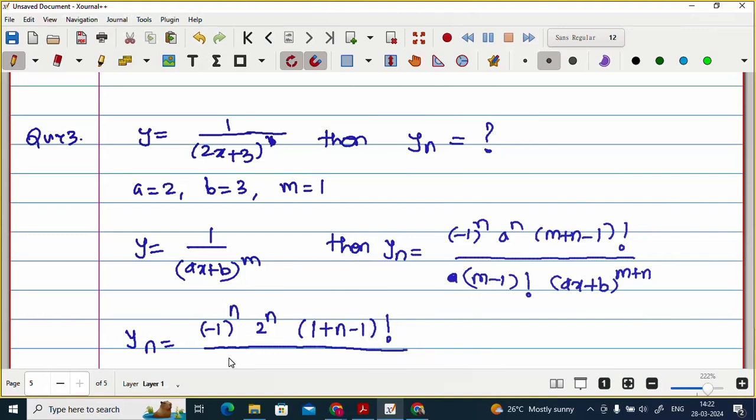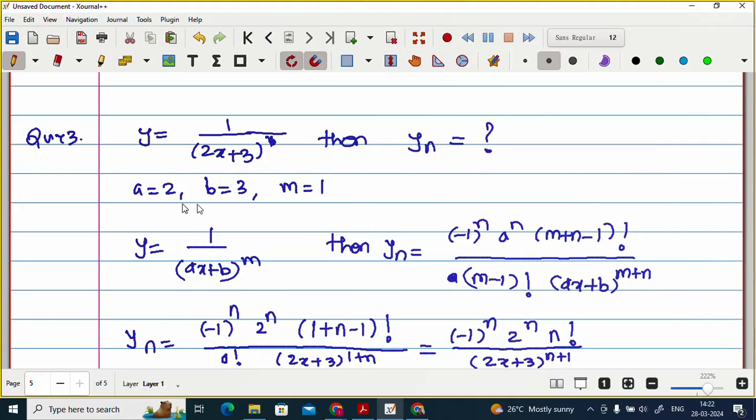Then m minus 1 factorial, that is 1 minus 1, that is 0 factorial. 0 factorial is 1, into 2x plus 3 raised to 1 plus n, or you may say n plus 1, because m is 1. So it is finally minus 1 raised to n, 2 raised to n, 1 plus n minus 1, that is n factorial, divided by 2x plus 3 raised to n plus 1.